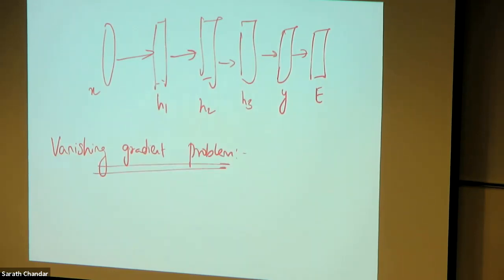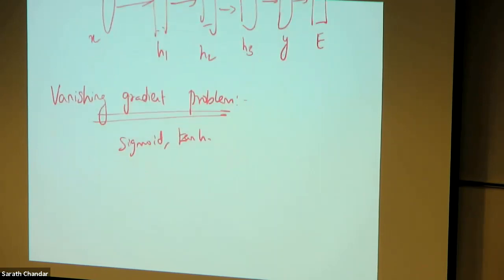Okay, so what is the vanishing gradient? So far, we have seen 2 types of activation functions for hidden layers, either sigmoid or tanh. Now, let's think about the range of these activation functions. Let's take sigmoid first. What is the range of sigmoid? 0 to 1.